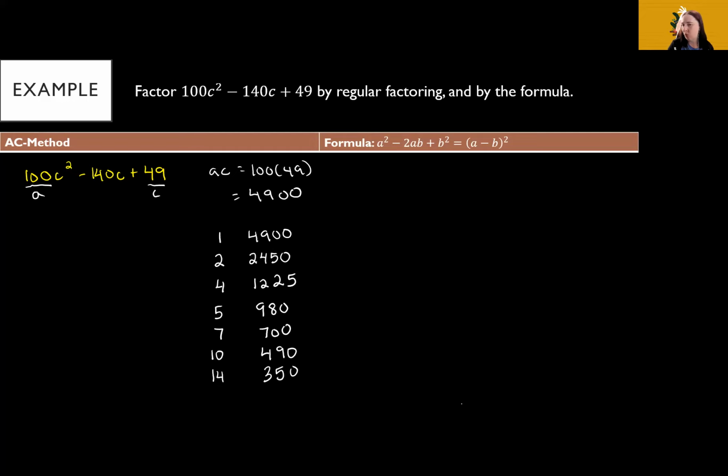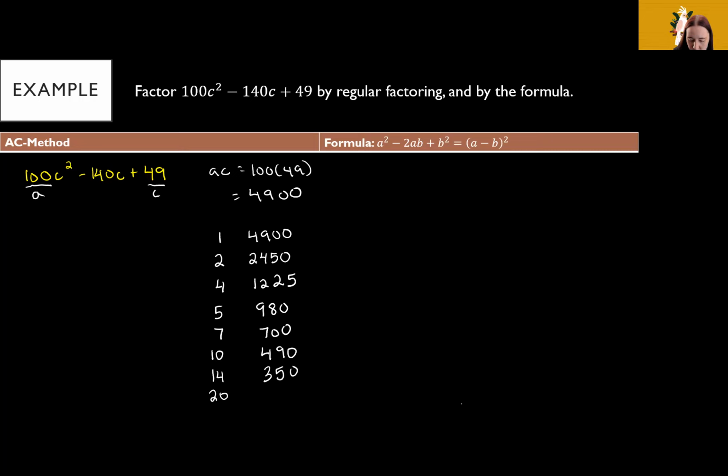And this is one reason why, if you can recognize that you can do this by a perfect square trinomial, it's actually faster, because I need to check all of the numbers from 1 to 70 and write down all the combinations that go into it evenly until I find the right one that I need. And it's a long process.